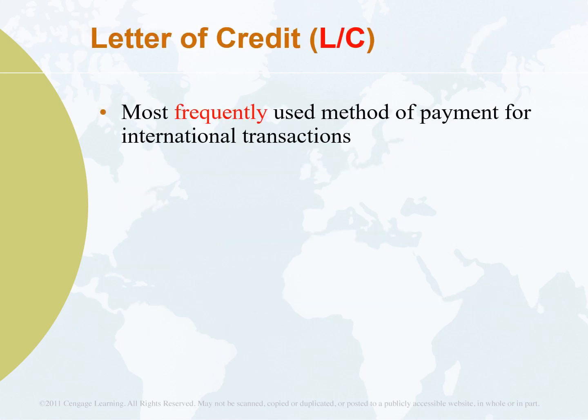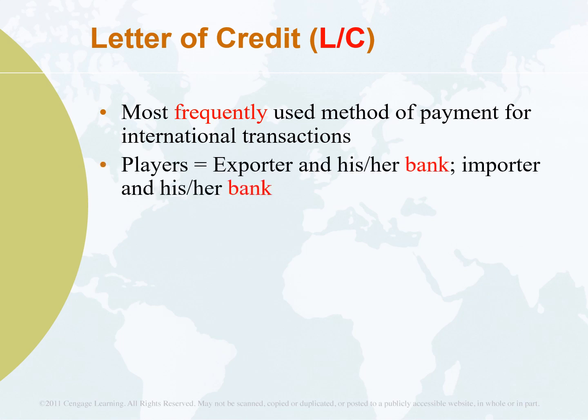Letter of credits. In import-export, they don't just issue a check or pay cash for import-export. They use a letter of credit. It's the most frequently used method for payment for international transactions. Basically, this is how it works, right? The players in letter of credit or LC are the exporter and her bank, and the importer and her bank. Two banks involved here, right? The letter of credit is issued by a bank at the request of a buyer.